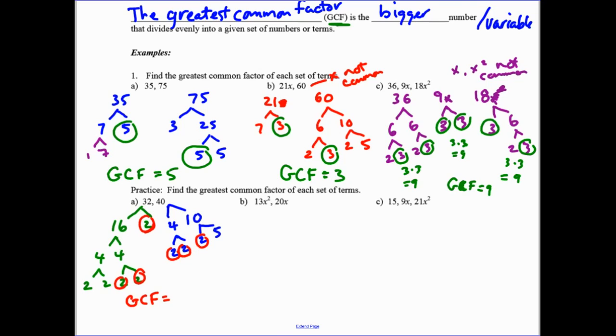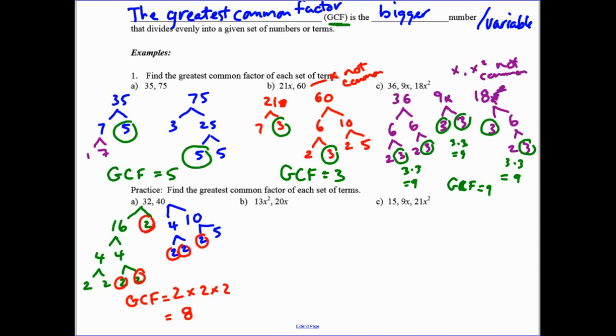We had some really obvious ones here, pretty obvious one here. Here it got a little bit harder where we had to go back to the bottom of the trees, or it was really easy. We might have spotted the 9 right away. But here's the 3 times 3. And here we're kind of evolving. We were going all the way down to the bases of the greatest common factors. So from the 2 times 2 times 2, we get 8. So 2 times 2 is 4. 4 times 2 is 8.